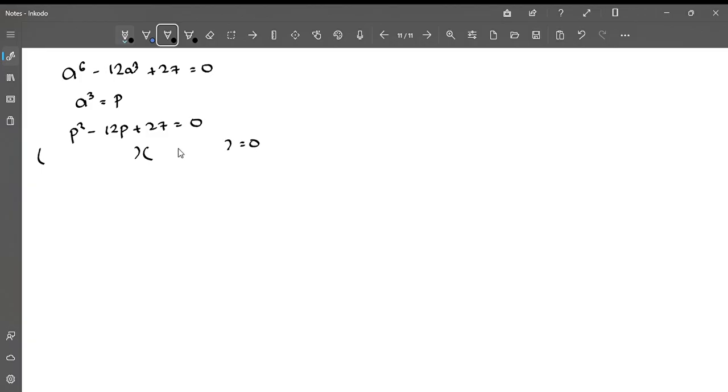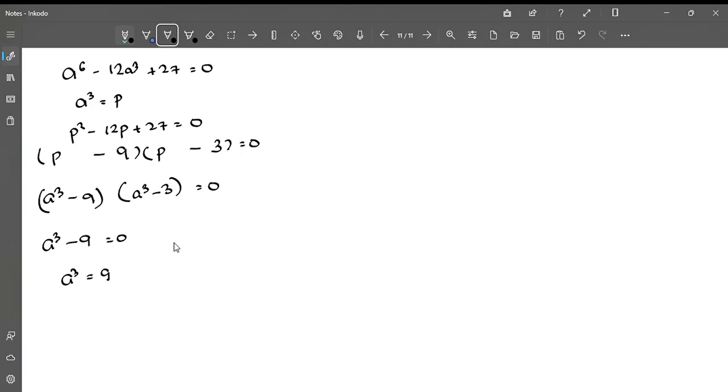Take two brackets: p times p, 27 means 9 times 3, minus minus. (a cubed minus 9)(a cubed minus 3) equals 0. a cubed minus 9 equals 0, a cubed equals 9. a cubed minus 3 equals 0, a cubed equals 3.